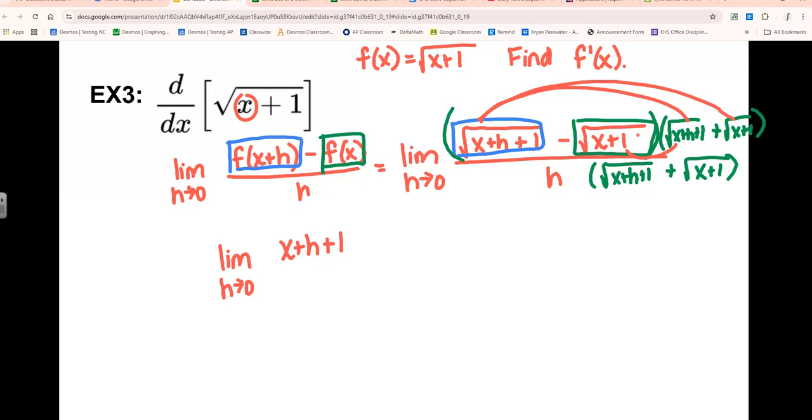Those terms cancel out, and then here you have to be very careful with this. I've got a positive times a negative, which gives me a negative. And then I've got x plus square root of x plus 1 times square root of x plus 1. That's going to give me x plus 1, but it's going to be in parentheses.